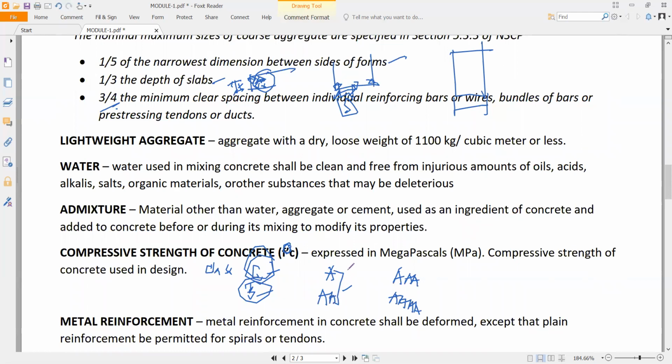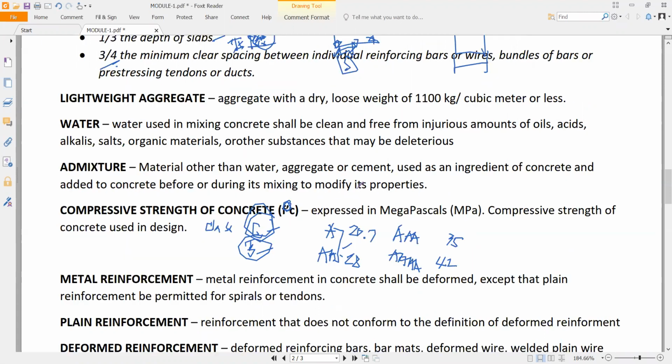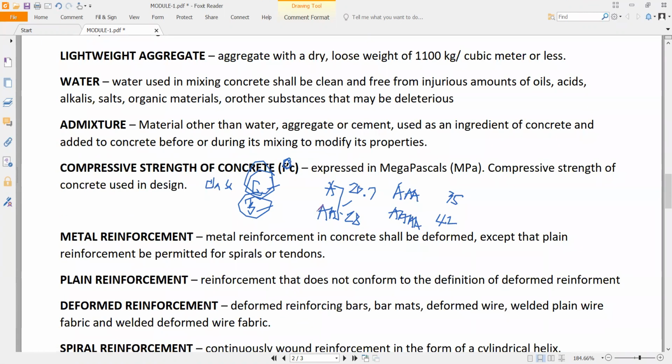So, nag-start tayo sa A ng 20.7 megapascals, 21, tapos 28 megapascals, then 35 megapascals, and 42 megapascals. So, kung hindi stated yung ating compressive strength, we can observe baka stated anong type of mixture siya so that we can identify what is our F prime C.